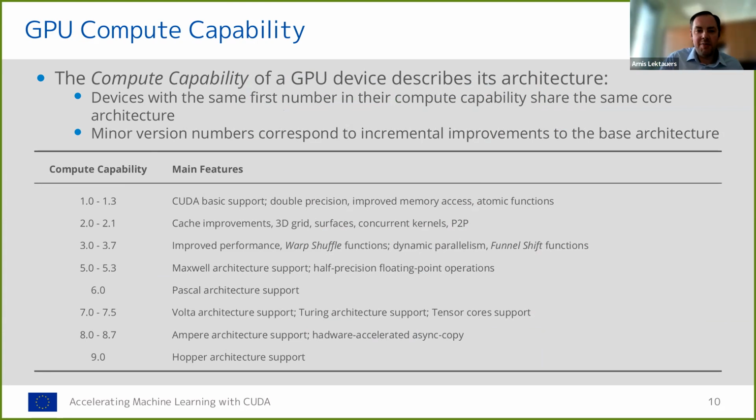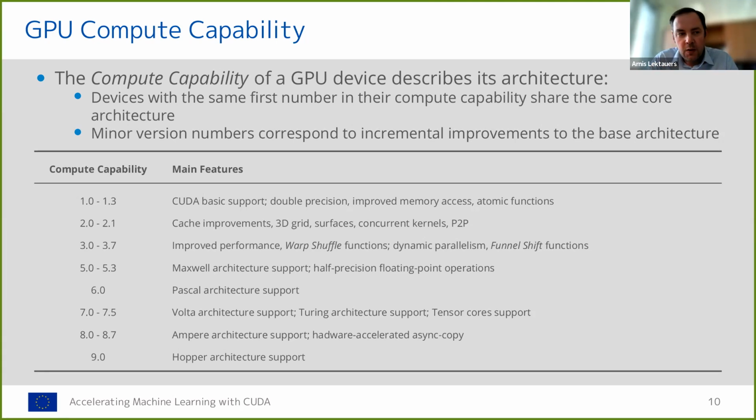So compute capability defines which CUDA architecture generation has to be supported by the corresponding CUDA software application. The latest CUDA version available currently, as you probably know, is CUDA version 11.7. That is the latest version today.